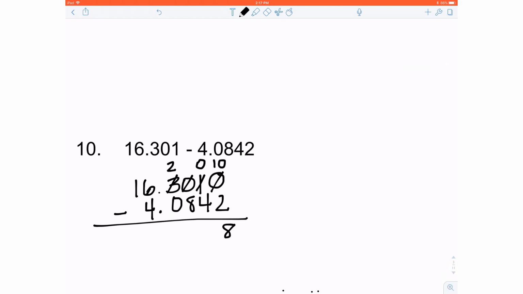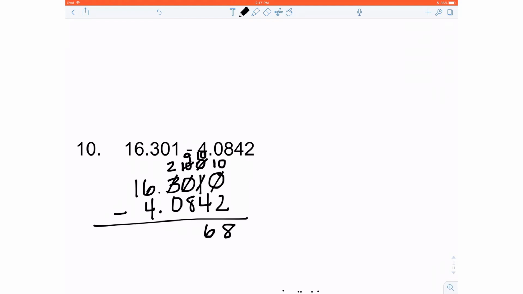This one borrows and becomes a 10. So remember we were over here. We were on this one, okay? And we need to borrow from its neighbor because we can't do 0 minus 4. So now this one becomes a 9 and this one becomes a 10. Okay? 10 minus 4 is 6.